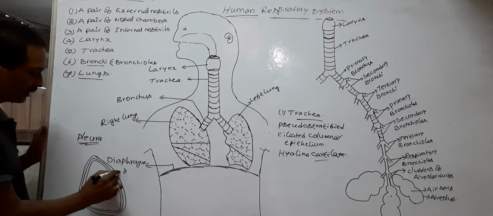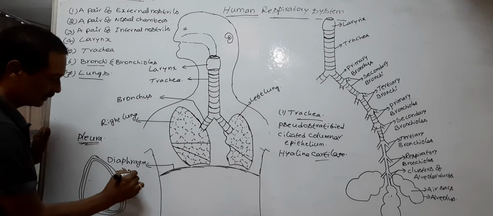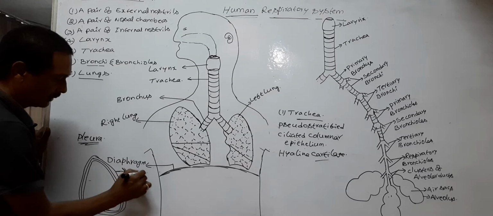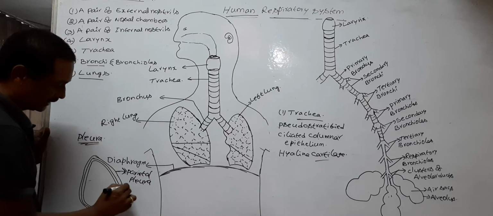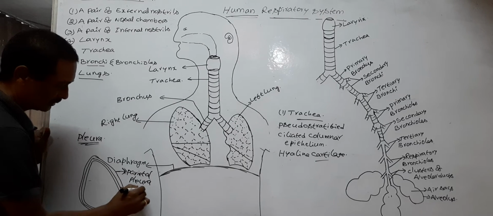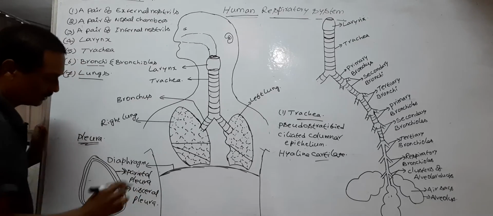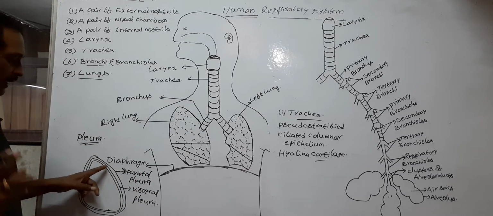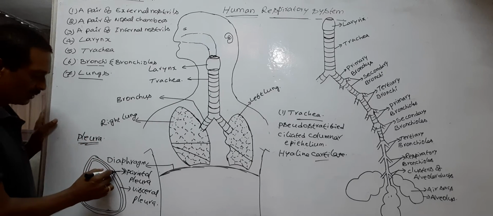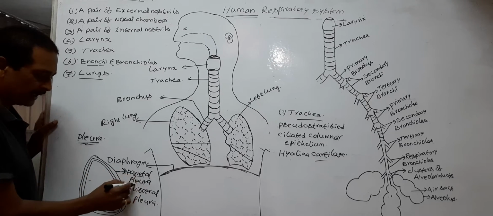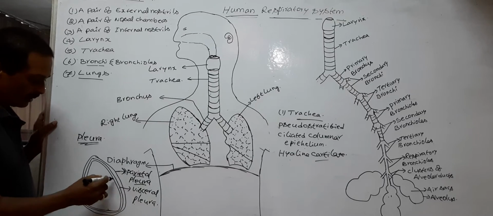Here, the outer pleural layer is called parietal pleura, and the inner layer is called visceral pleura.